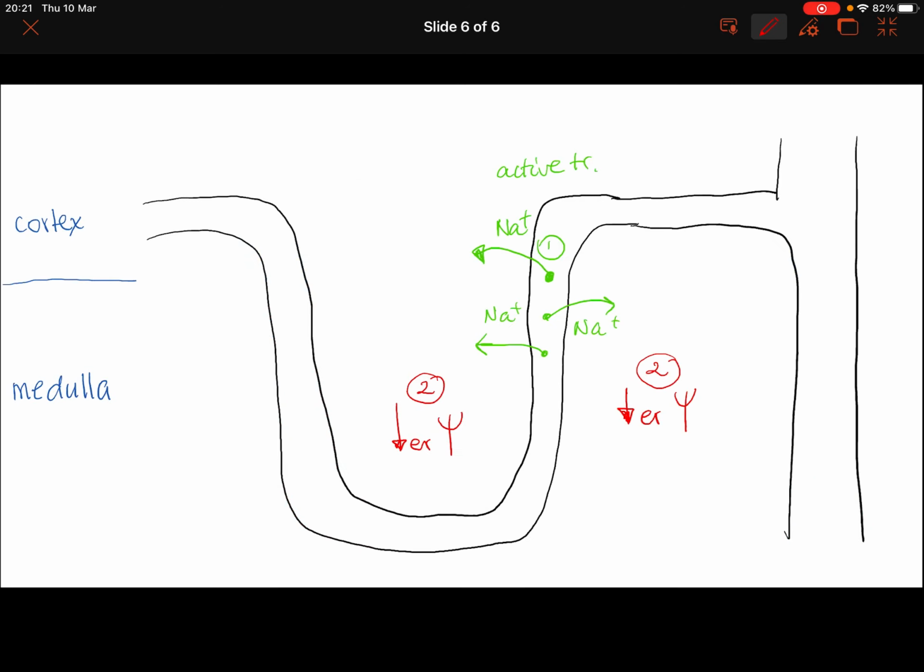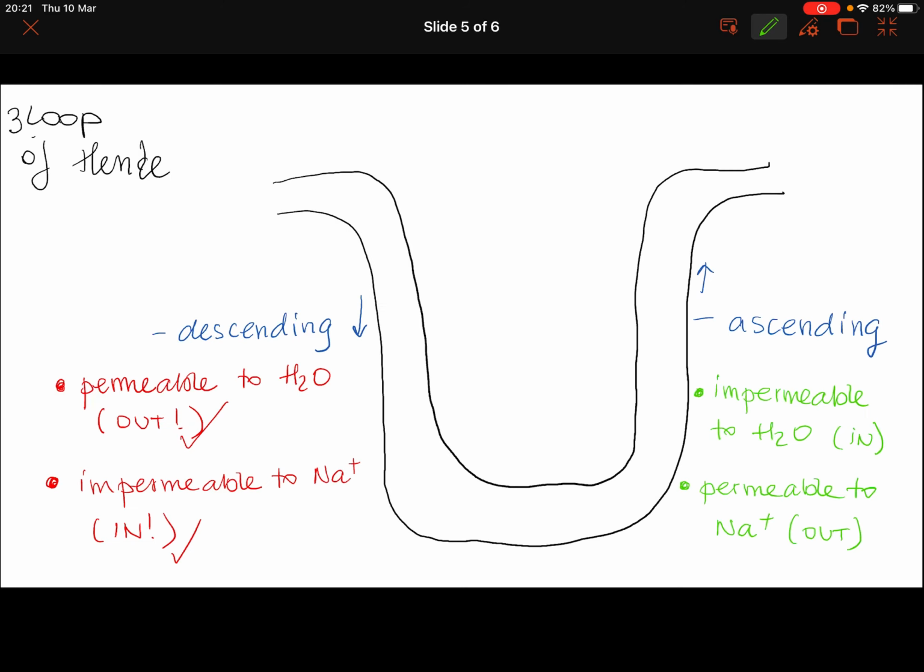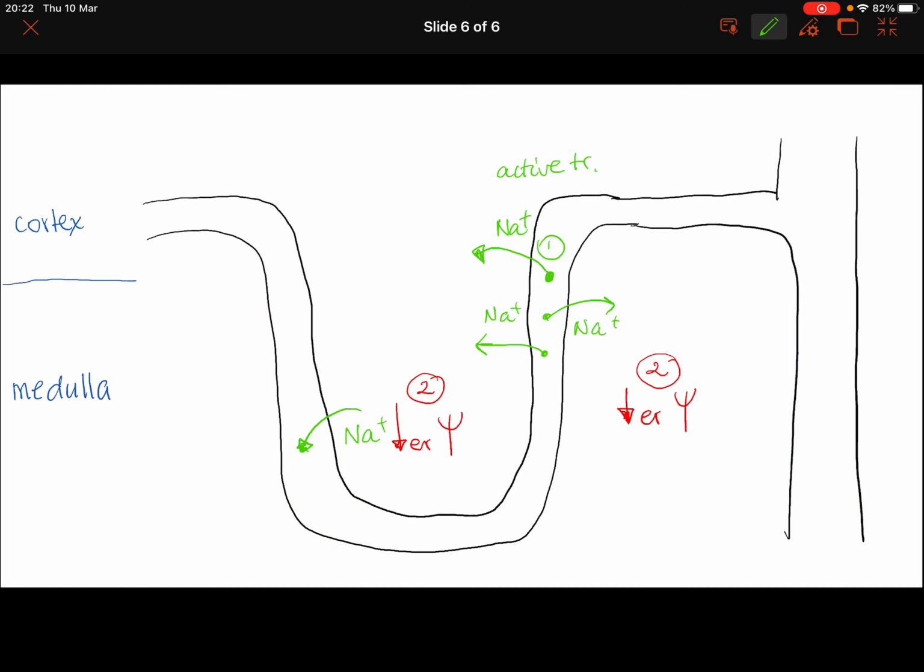So we will start with the easy, logical process, to get rid of those sodium ions that lower the water potential. We can just transport them now to the descending limb, because as we've said, the descending limb is impermeable to sodium but permeable to water. Having been able to do so, we can now move the water out.